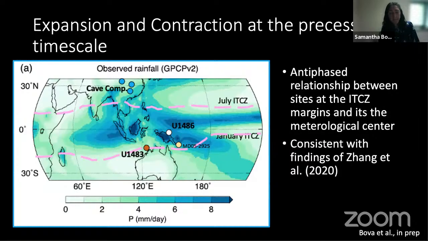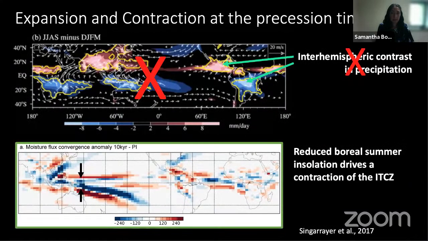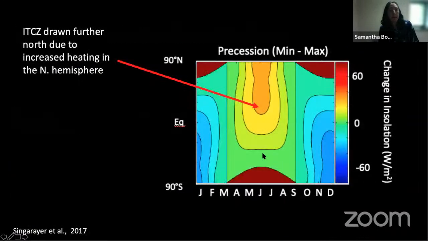And so that spatial variability suggests that instead of a mean shift in the north-south position of the ITCZ, what we're actually seeing is an expansion or a contraction of the ITCZ in response to precession forcing. So it doesn't look like a north-south shift, but rather expansion and contraction as demonstrated here. All right, but why might this be the case?